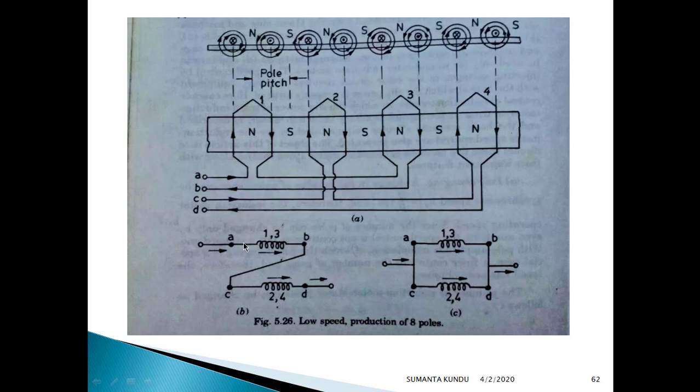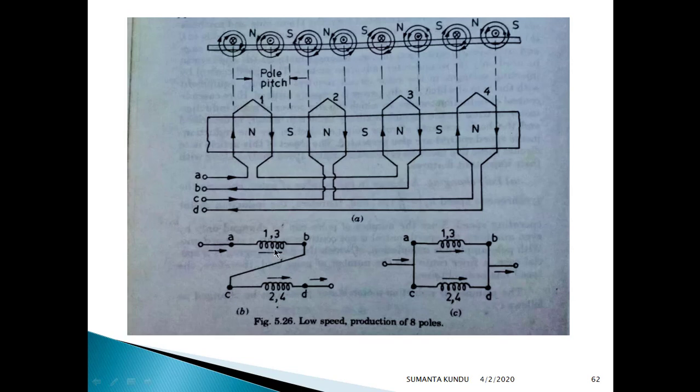So if we rearrange this one, we can show it in the same way, right? Note that coils 1 and 3 are in series, because the same direction of current is flowing through these coils, whereas 2 and 4 are in series.